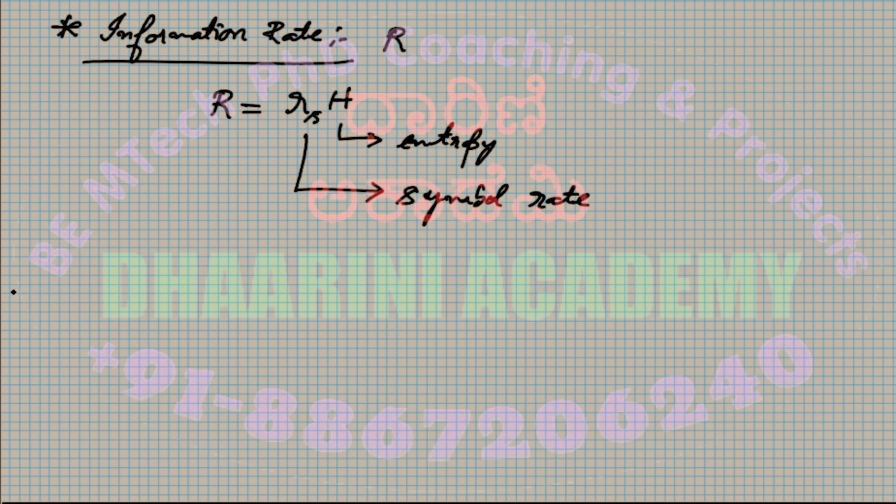So let's try to find the unit for R. What is the unit for r_s? It's a symbol rate, so you can say this is symbols per second. That's the first term.